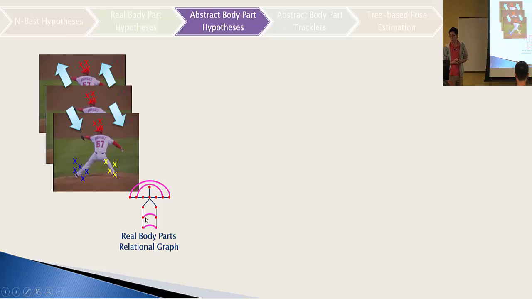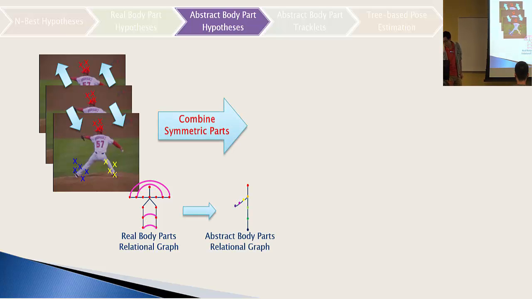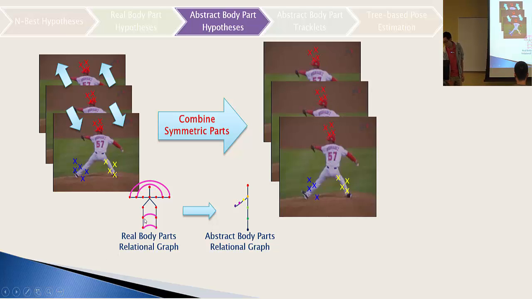And the third step, we call it abstract body part hypothesis. In this step, we combine the symmetric body parts to be abstract body parts. You can see that we have the hypothesis for the left foot and the right foot, and then we combine them together to be several nodes, which is the abstract body parts.